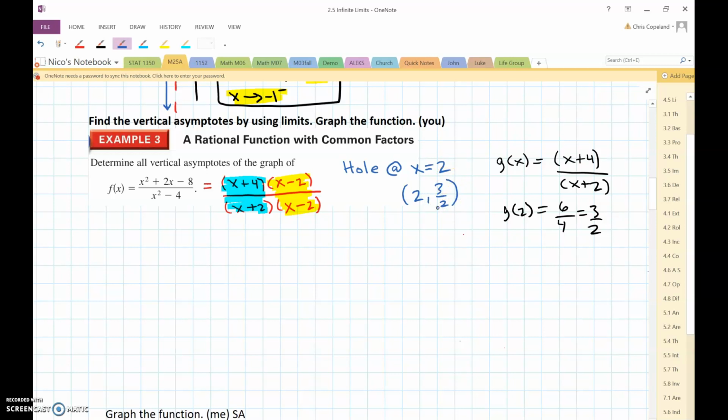Okay? And then from the x plus 2 in the denominator, we know that we have a vertical asymptote at x equals -2.